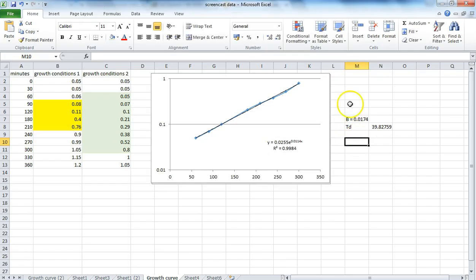For this one, apologies, I probably should have given that a little title so we don't get confused. So that's growth condition 1. Growth condition 2.